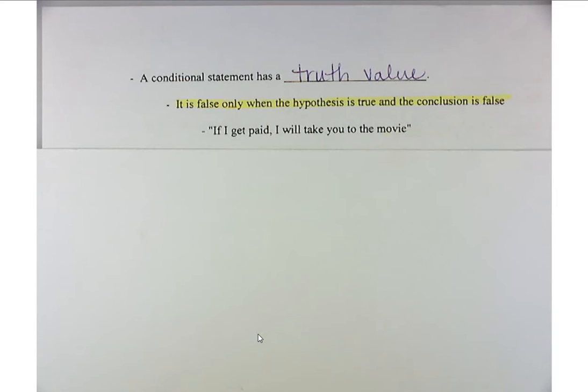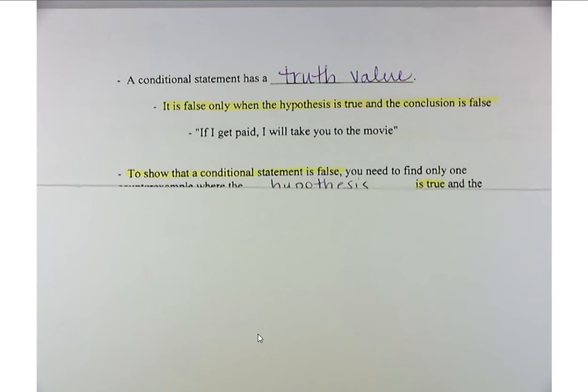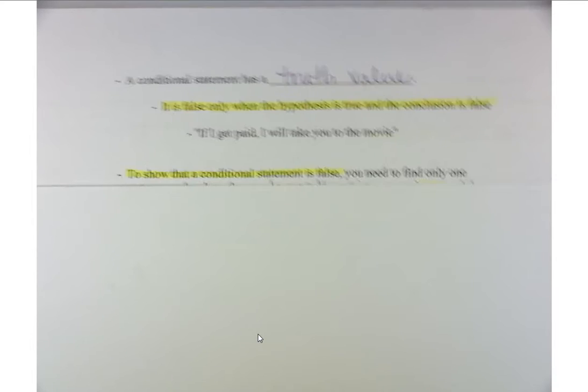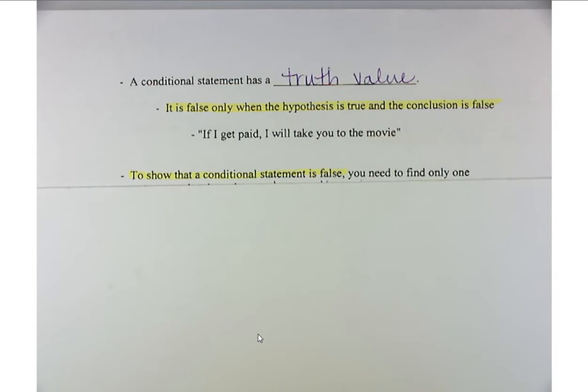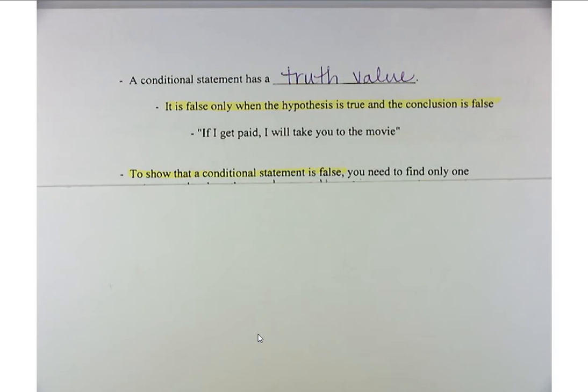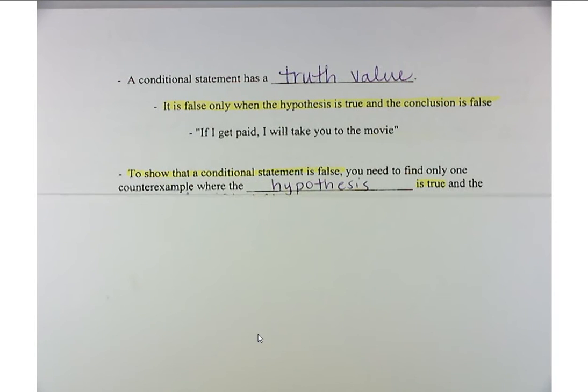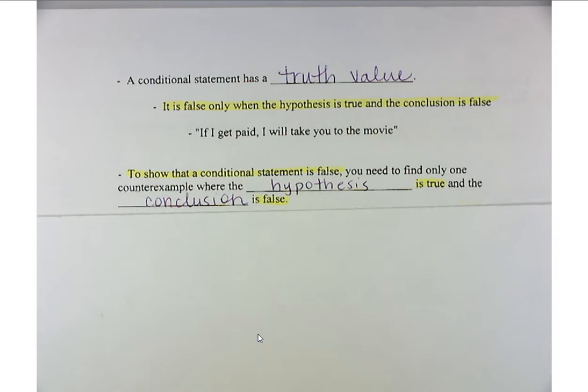So this says if I get paid, I will take you to a movie. That's just an example of a conditional statement. To show that a conditional statement is false, you need to find only one counterexample where the hypothesis is true and the conclusion is false.